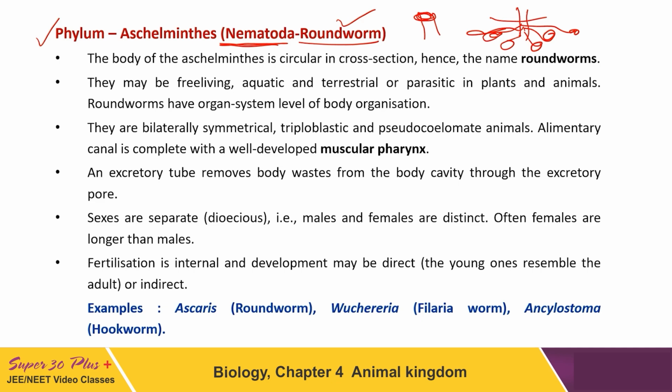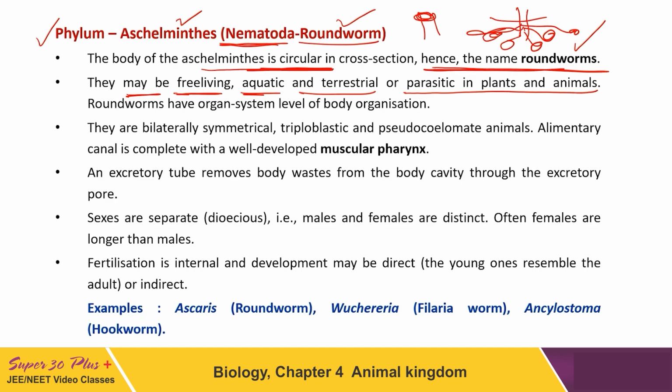Important points of this phylum. The body of Aschelminthes is circular in cross section, hence the name roundworm. Again, the same thing: tapeworm belongs to phylum Platyhelminthes, roundworm belongs to phylum Aschelminthes. They may be free living, aquatic, terrestrial on land, or parasitic in plants and animals.